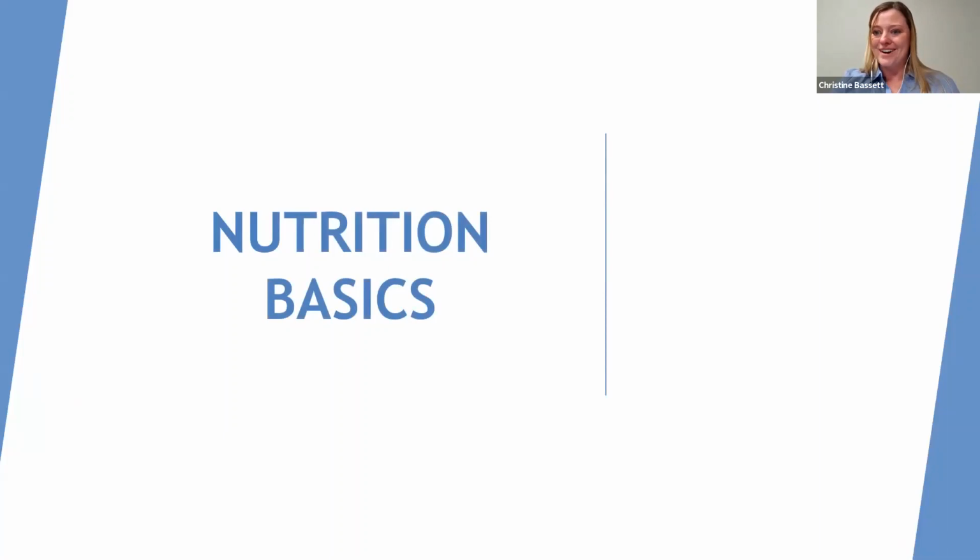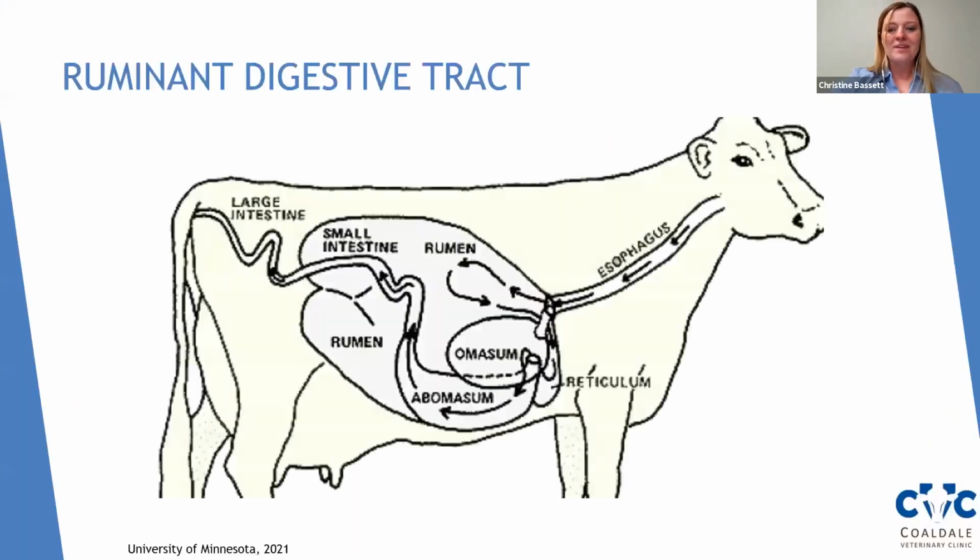So stepping back a bit and talking about nutrition, we know that cows are ruminants, which are the coolest animals in the world, obviously a very biased opinion. The rumen is where that feed enters. So the cow or calf is going to get up to the bunk and eat feed, chew the feed, and at the same time, it's breaking down that particle size, making it smaller, and also covering that feed in saliva.